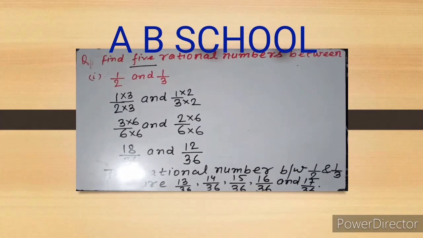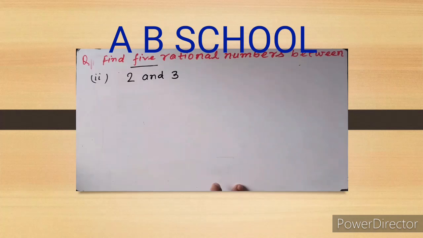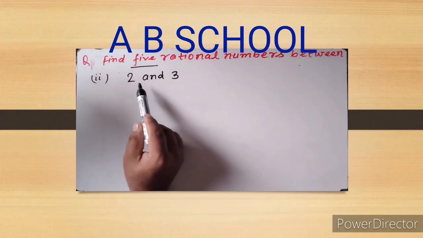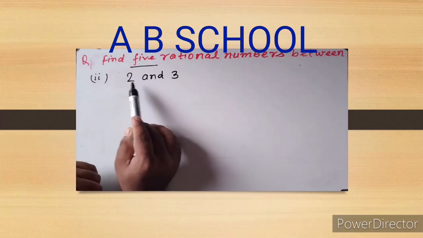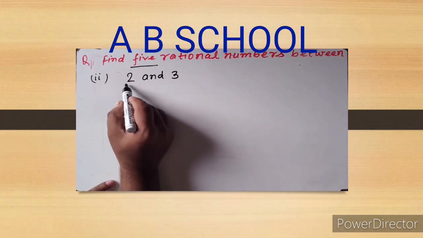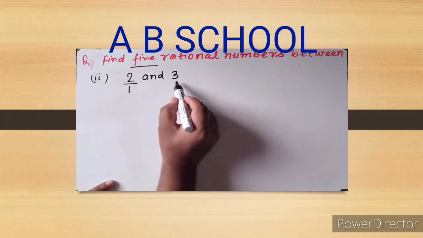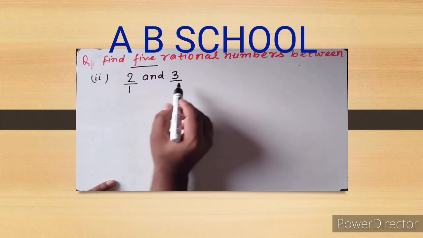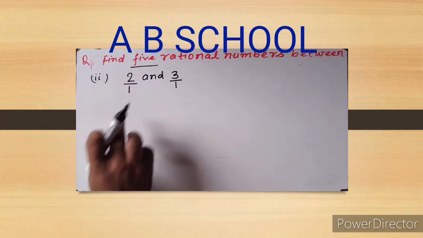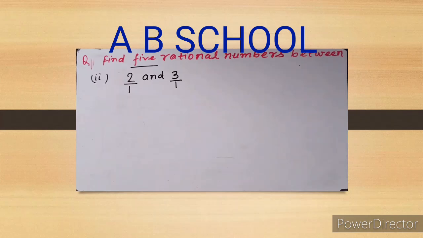Okay, now we will see the other one question. Now, students, we will see this one question. We have to find 5 rational numbers between 2 and 3. Here in the denominator, if you see, we can write 1 as the denominator, and in the denominator of 3 also we can write 1. Now already over here denominators are equal, so we need not equalize the denominator.